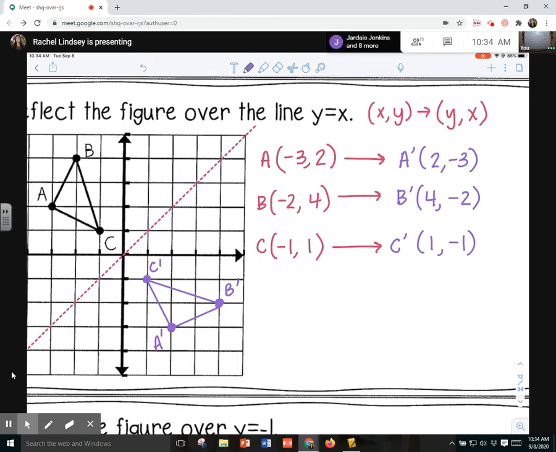So if I folded that graph in half over that pink dotted line, I would have a perfect reflection of that shape.